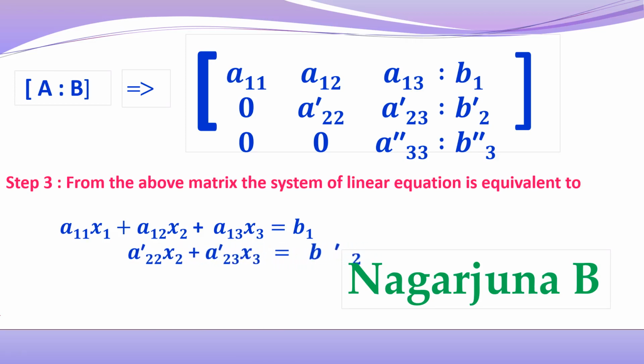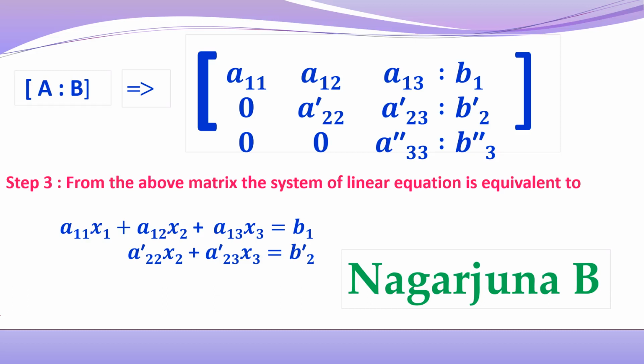A23x3 equal to B2. Then in the third row, the first and the second elements are 0. That means the coefficients of x1 and x2 are 0, so 0 multiplied by x1 will be 0 and 0 multiplied by x2 will be 0. Therefore we won't write the first and the second coefficients along with the unknowns x1 and x2.